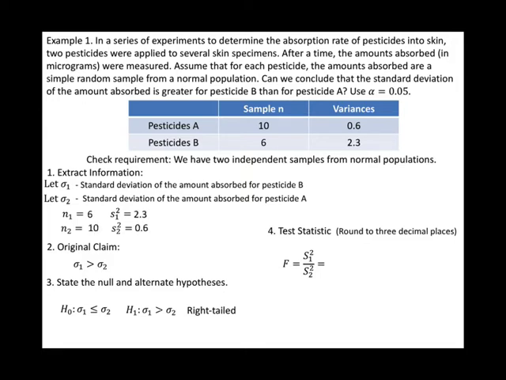Write it down and then plug into your calculator. You should get this answer. This is going to be your test statistic. So we have the right tail with the test statistic 3.833.